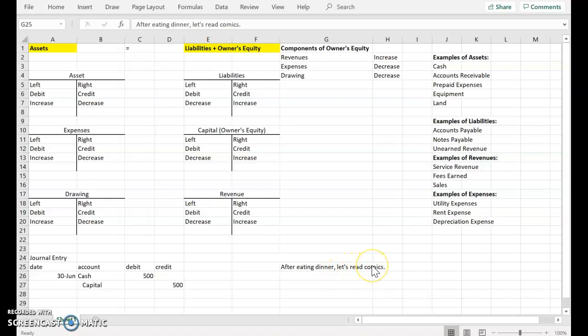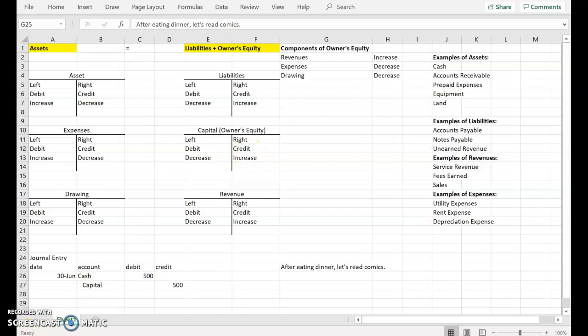"Let's read comics." So all of these accounts will increase on the right-hand side or the credit side. "Let's" stands for liabilities. It will go up with the credit. "Read" stands for revenue. It will go up with the credit. And "comics" stands for capital. It will also go up with the credit.